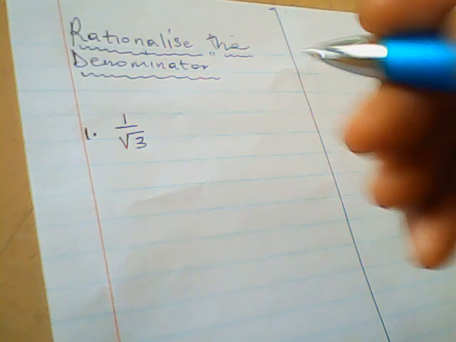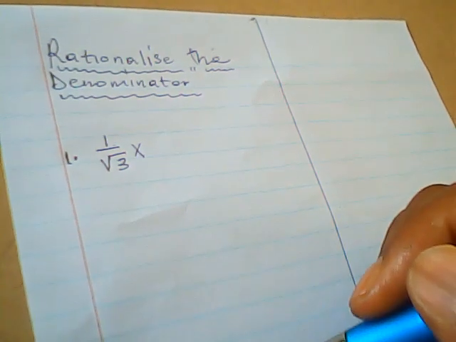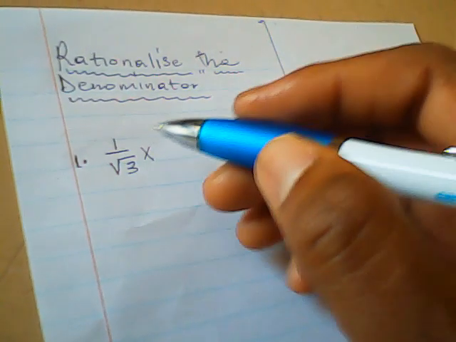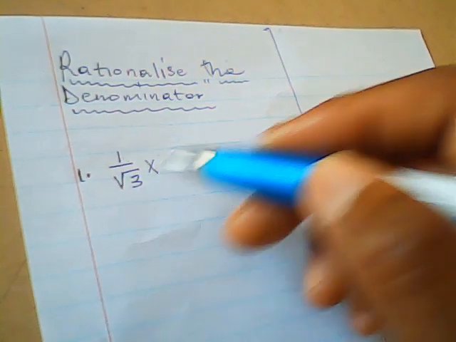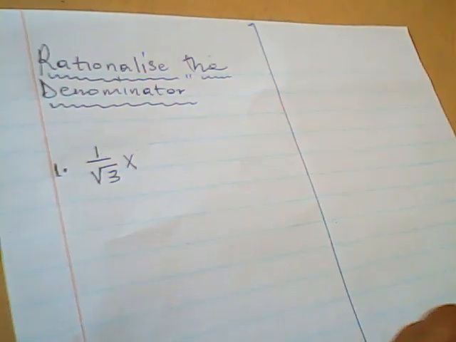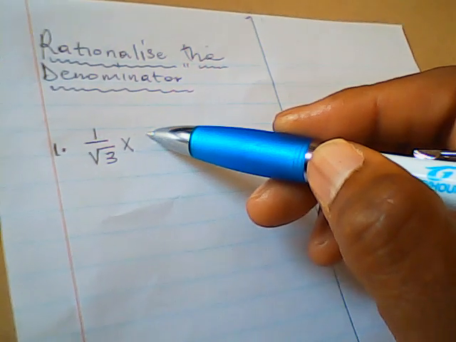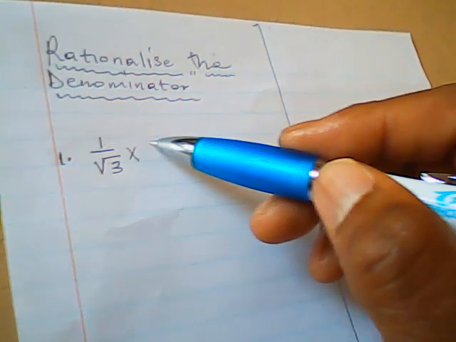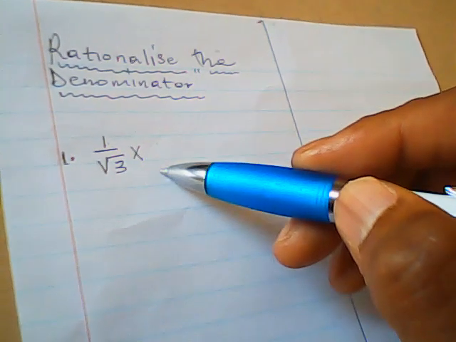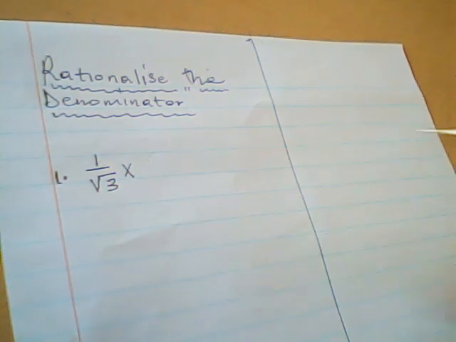So this is done by multiplying both the numerator and the denominator with the conjugate, right? So which means we are going to multiply by square root of 3 on top over square root of 3 at the bottom.